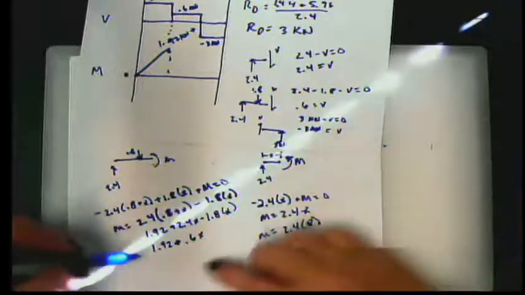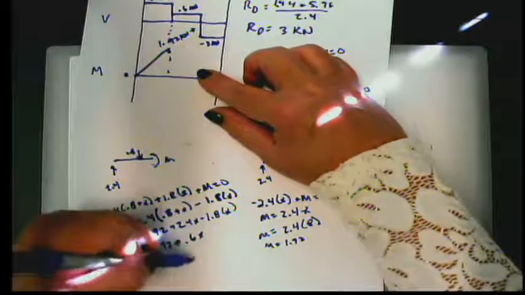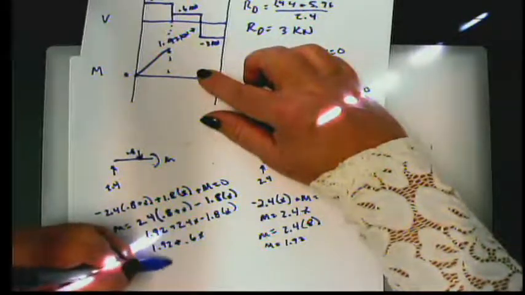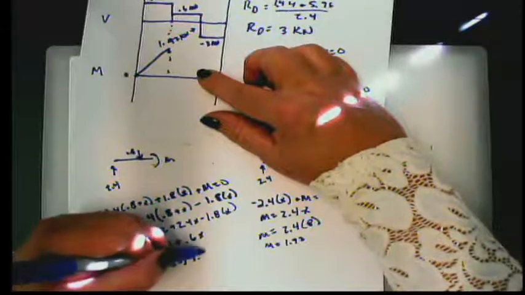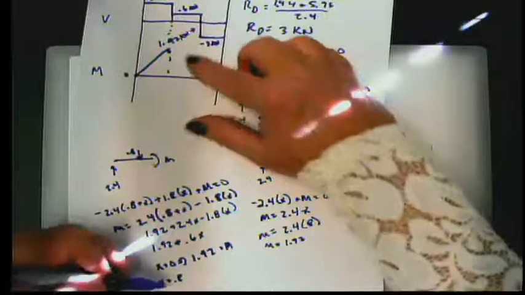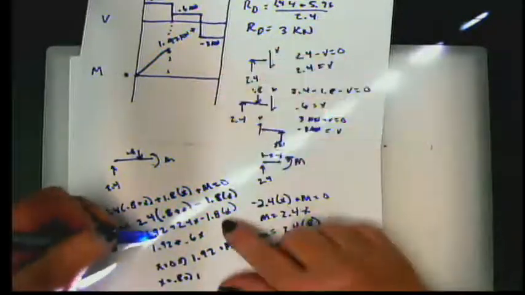All right, so that means that the moment starts out here where x is 0, and where we come over here to where x is 0.8. Let's do this. At x equals 0, my initial condition is 1.92. Where x is 0.8, which is the maximum of that span, we get 1. This should be in, hang on a second.